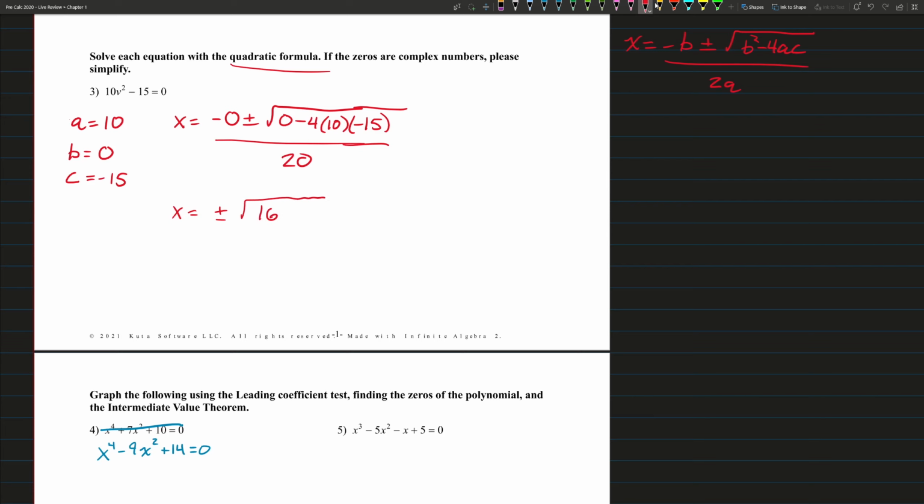I'll check that. Yep. Okay. So we have x is equal to plus or minus the square root of 600 all over 20. And then our job is to simplify this thing in the square root.